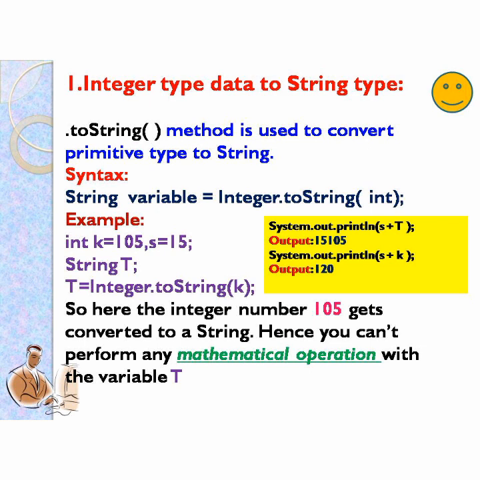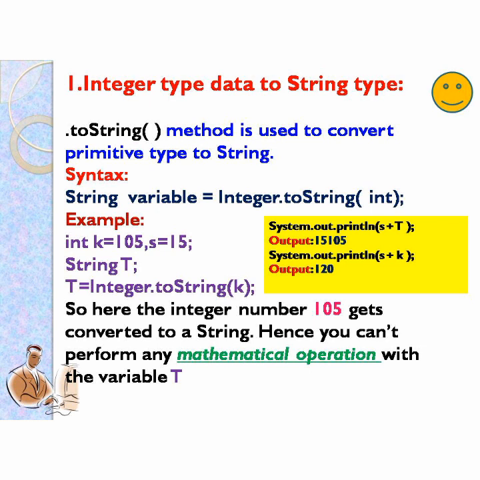Understand? So to convert integer to string, look at the example: System.out.println(s + t). So here there are two variables, you have to see the data type of these two variables. s is integer and t is string. So if you add anything with a string, it will concatenate. So the answer will be 15105.